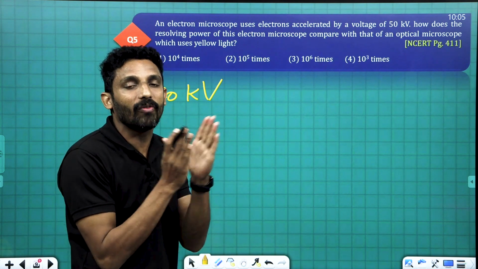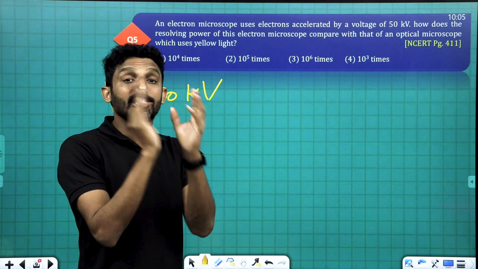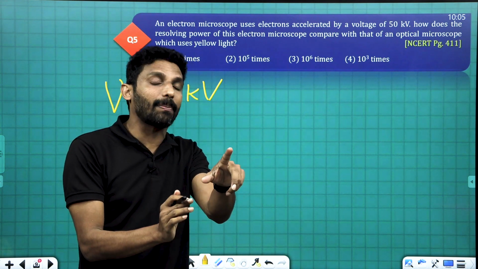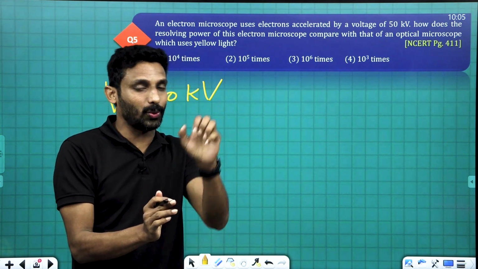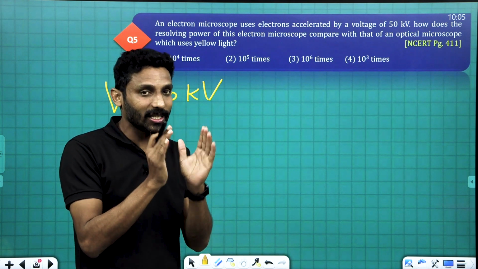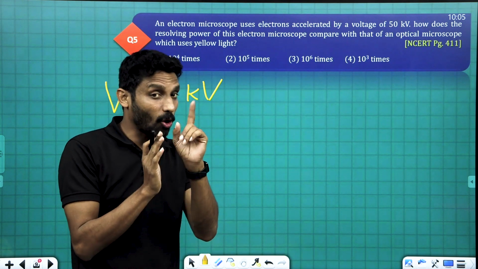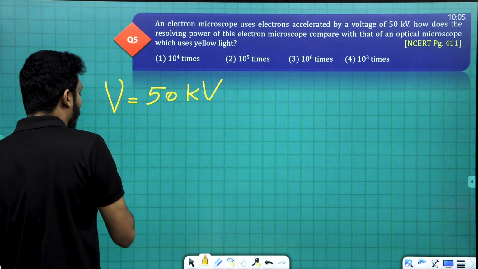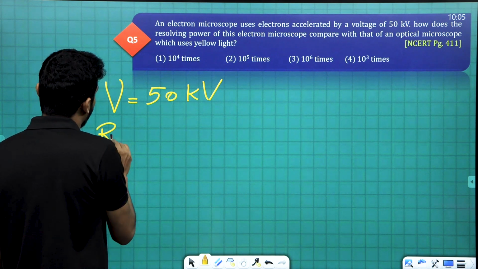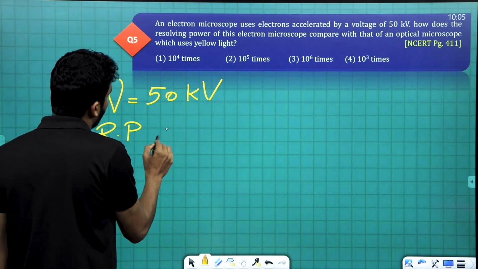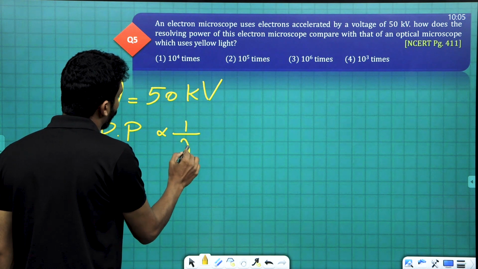Comparison of resolving power. You know, resolving power is inversely proportional to the wavelength of the radiation used in the microscope. Resolving power Rp is inversely proportional to lambda.